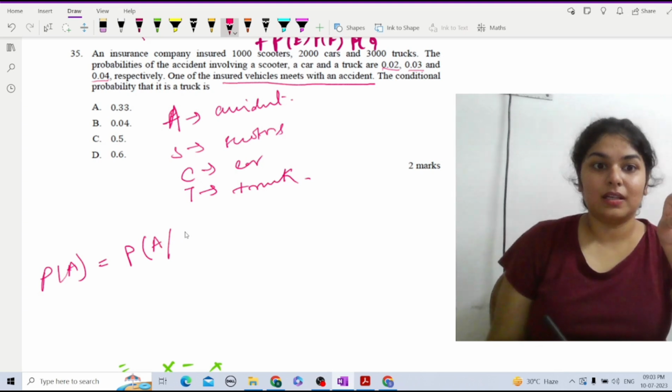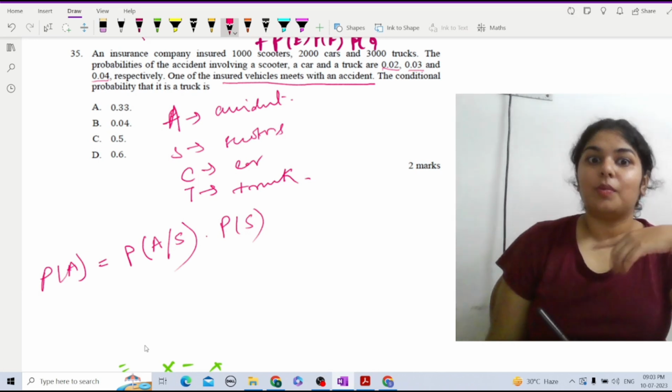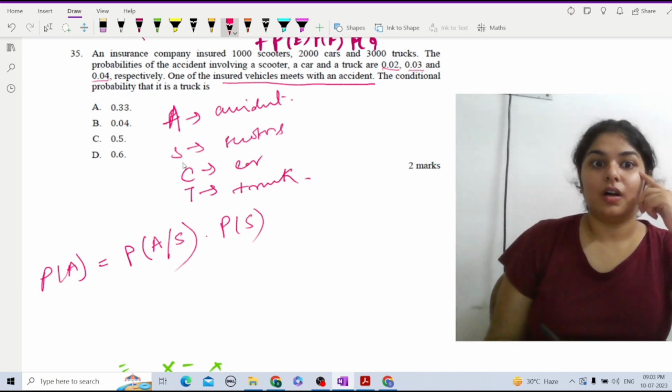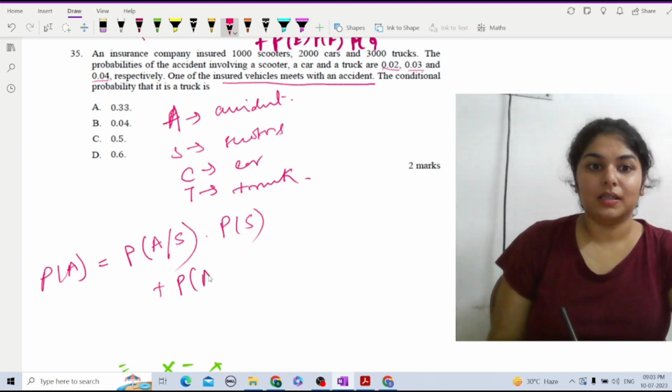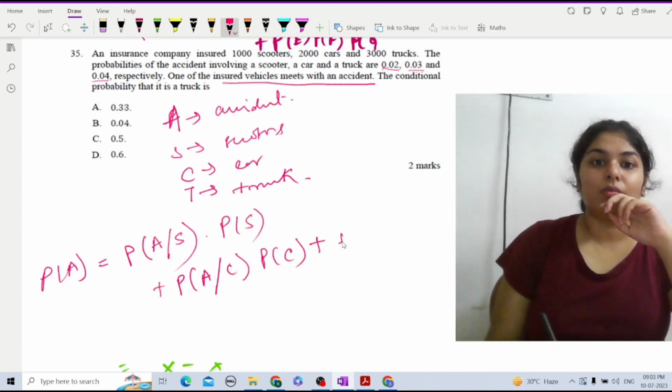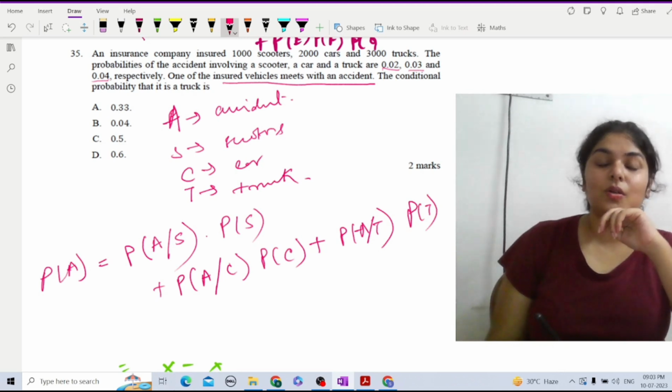So insured vehicle that meets an accident is scooter into probability of scooter getting insured plus probability of accident given that it is a car into probability of car getting insured plus probability that accident of truck into probability of truck getting insured. This is what our PA looks like. Okay. Now in order to calculate the PA, let us first write down these numbers.